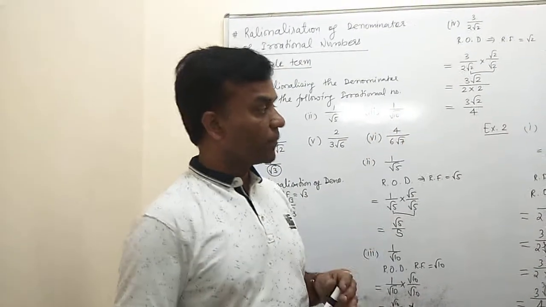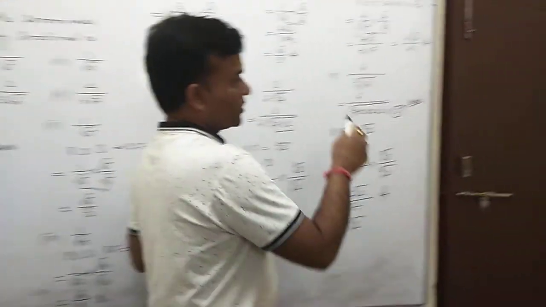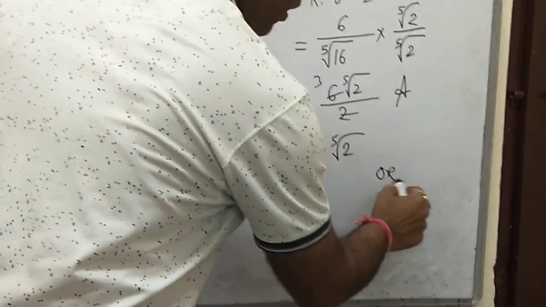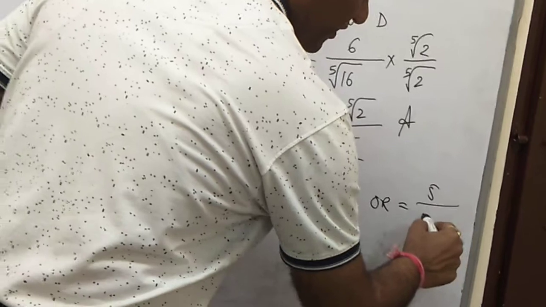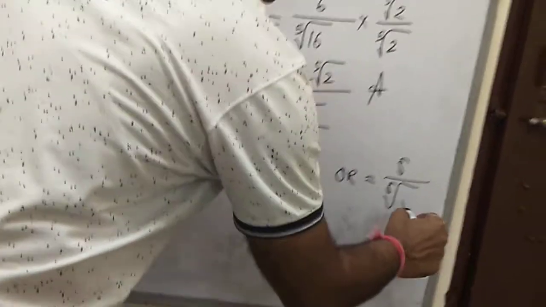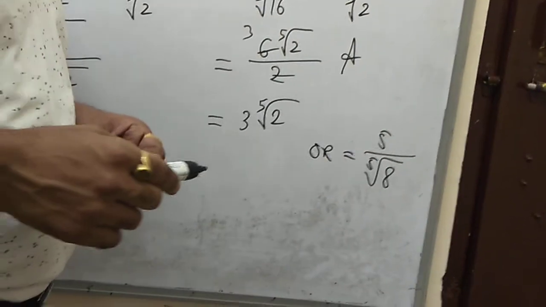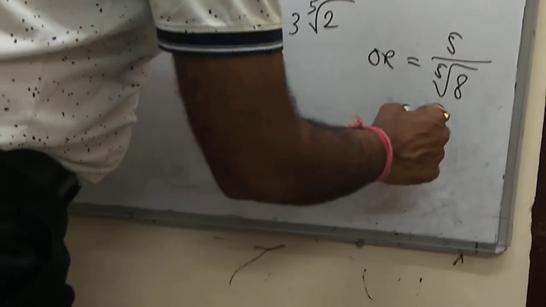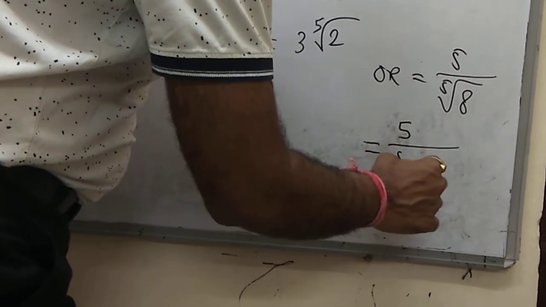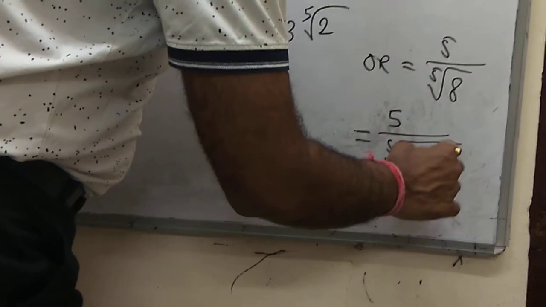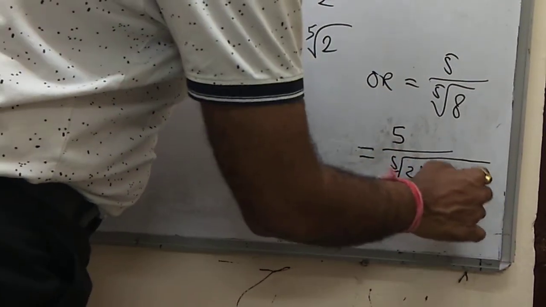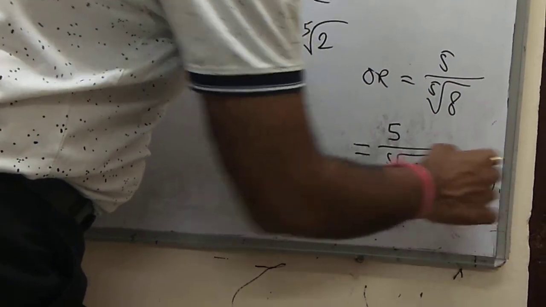Like in 16, suppose you have here this question is like maybe here we discussed or 5 and fifth root of 8. Okay, fifth root of 8, it means like you have only 2 into 2 into 2. So your power is like fifth root of 2 into 2 into 2. Okay, but here power is 5. So how many 2 you required? There are 2 required.